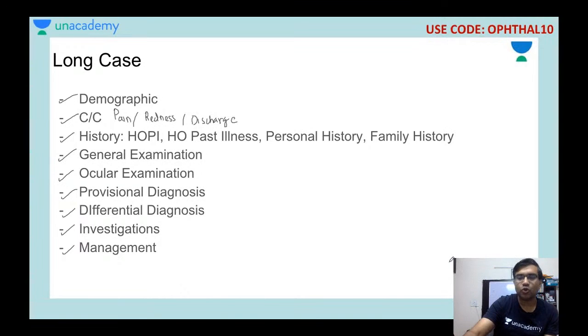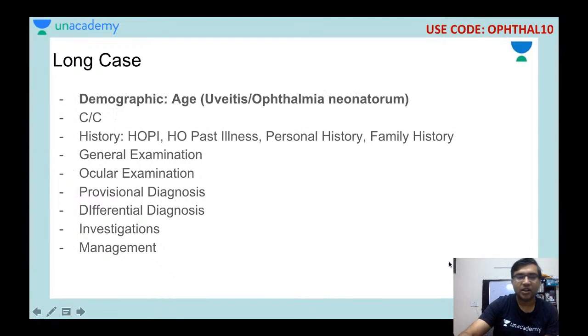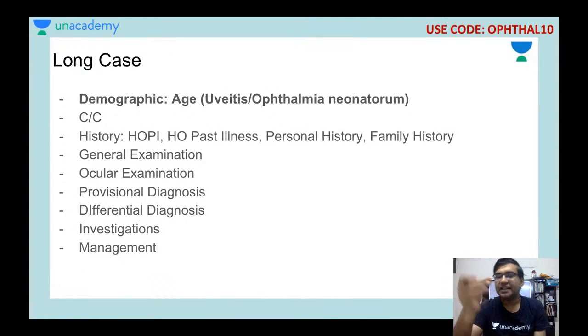Now I will show you one by one the various features that you have to put. First of all, demographic. Why demographic? The examiner would question each and everything. Let's say the patient is 2 months old. If it is a patient of 2 weeks, then your differential diagnosis goes more towards ophthalmia neonatorum.